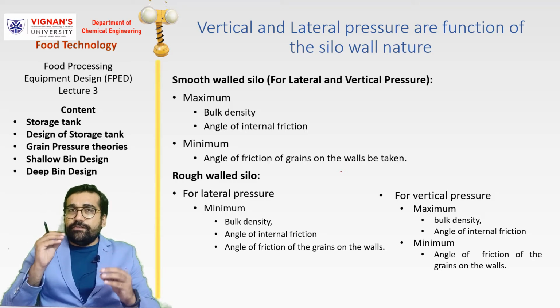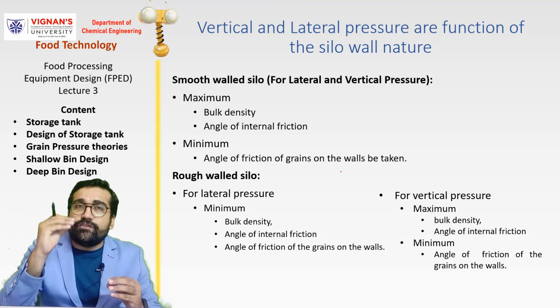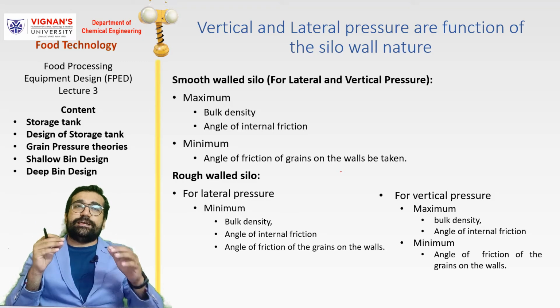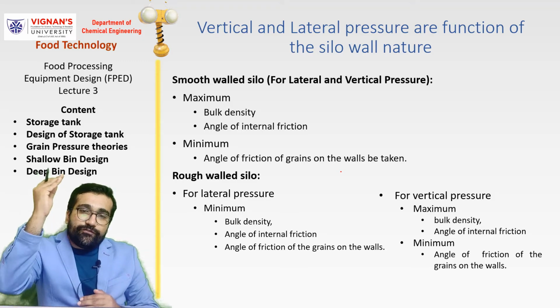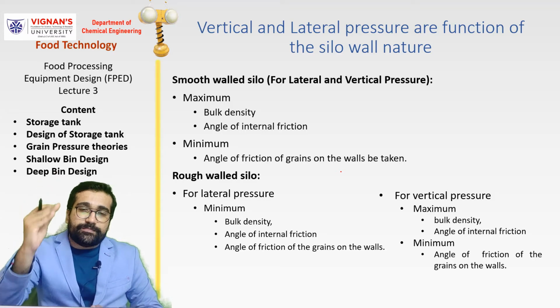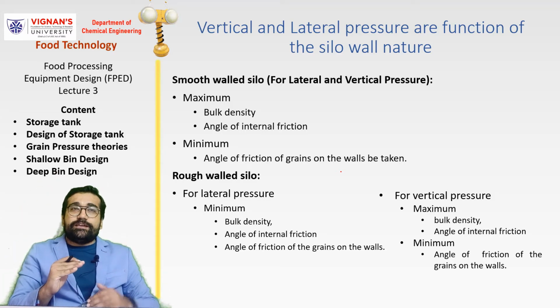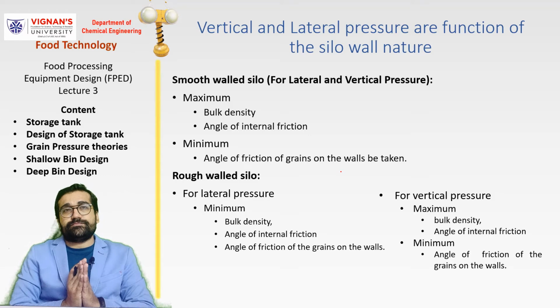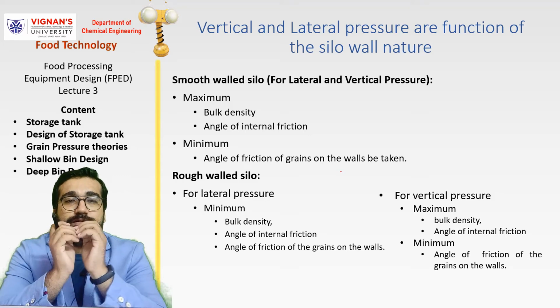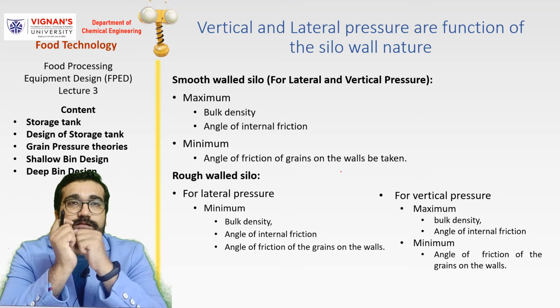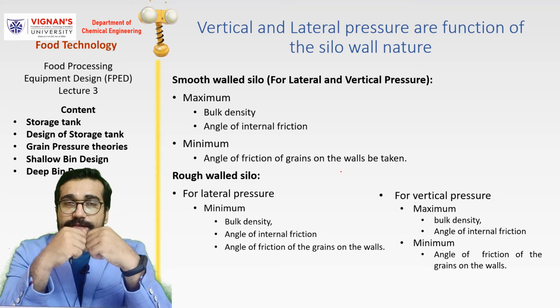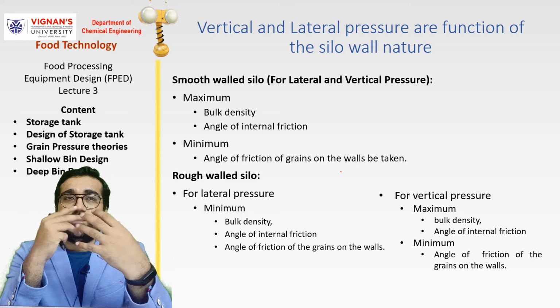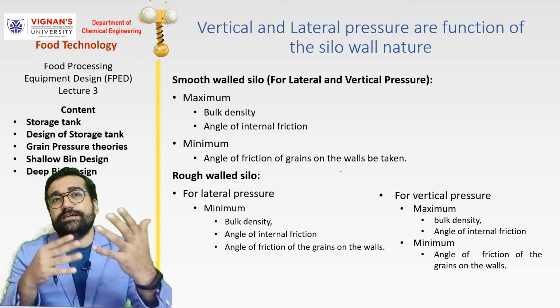Whereas when designing for vertical pressure, we take the maximum value of bulk density, the maximum value of the internal angle of friction, and the minimum value of the external angle of friction. From this you might have got the idea where and how we should use the properties when designing the silo.